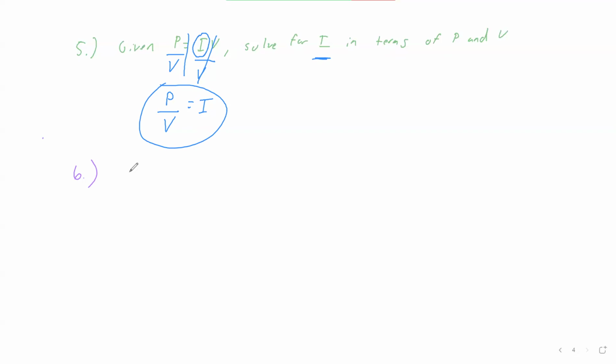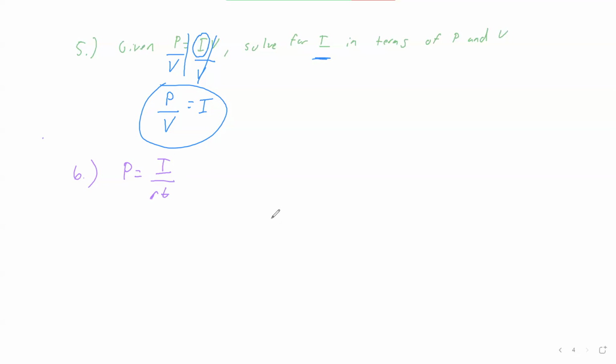All right, on number 6, same concept. We're given P equals I over RT. And I'm sure all these formulas are some important formula in a science class or something, but you don't have to know that. You're just solving them. I'm sure there's money or something, rate, time.